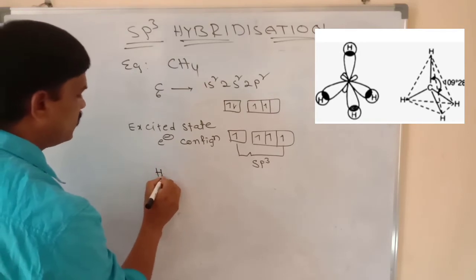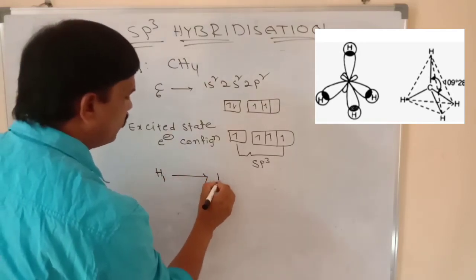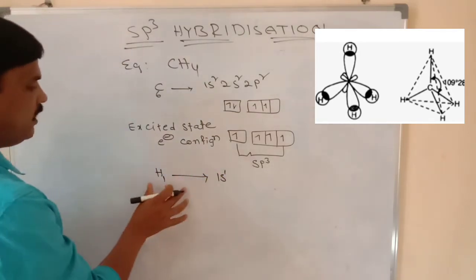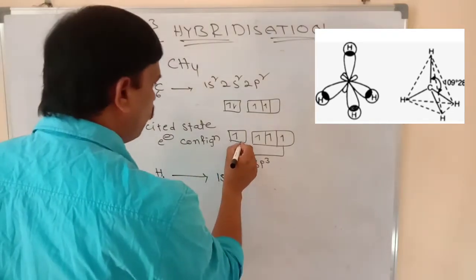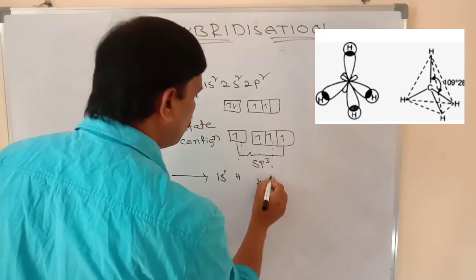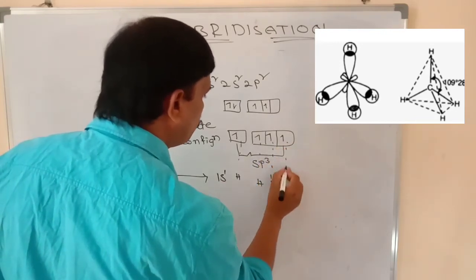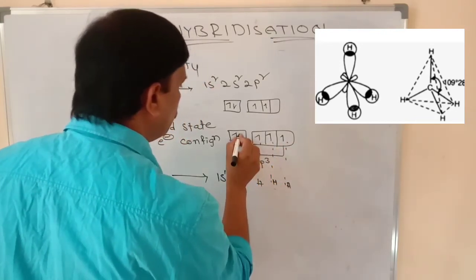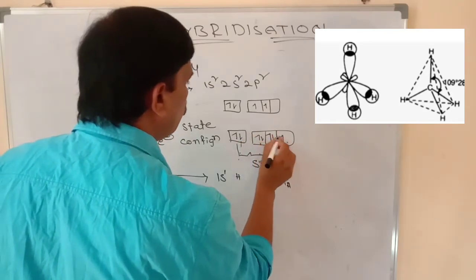Hydrogen's atomic number is 1 and its electronic configuration is 1s1. Four hydrogens bond with these sp3 hybrid orbitals of carbon: here one, here one, here one, here one.